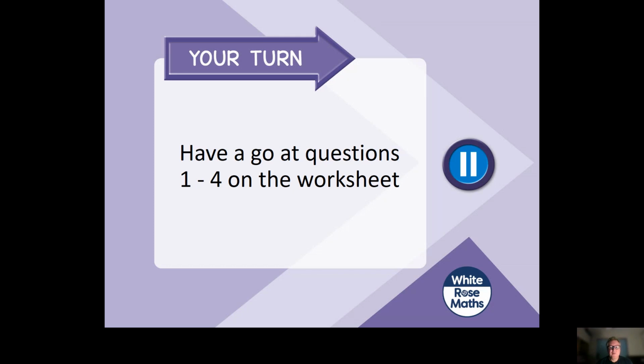So have a go at questions 1 to 4 on the worksheet. Pause the video and take the time that you need, and then come back to the video, whether you've paused it, unpause it, or turn it back on, and continue. Take the time you need. See you in a while.